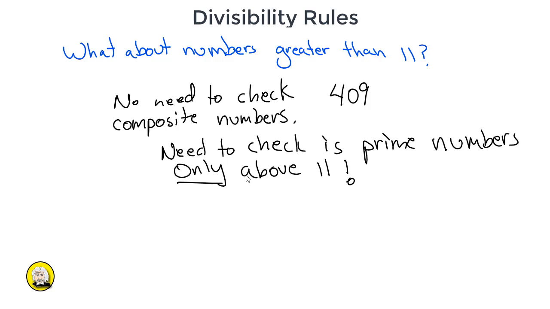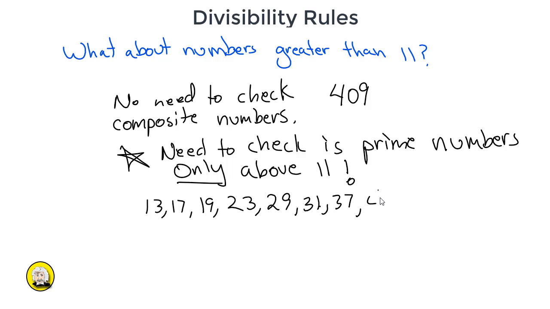What we really need to check is only prime numbers above 11. So what are they? That's 13, 17, 19, 23, 29, 31, 37, 41, and so on.